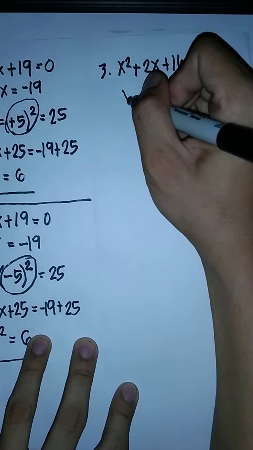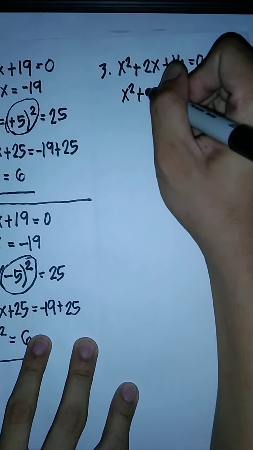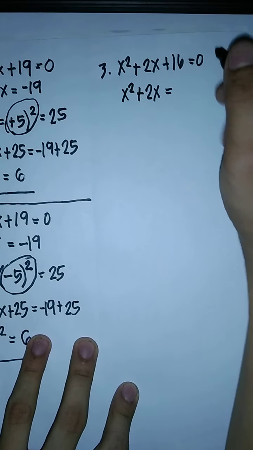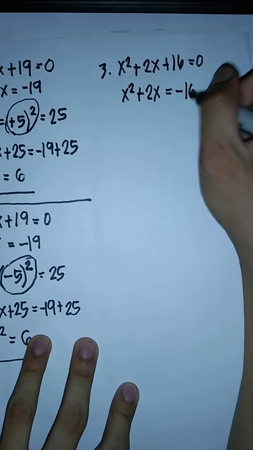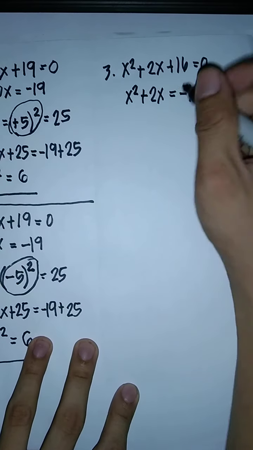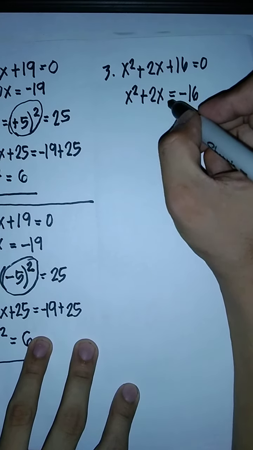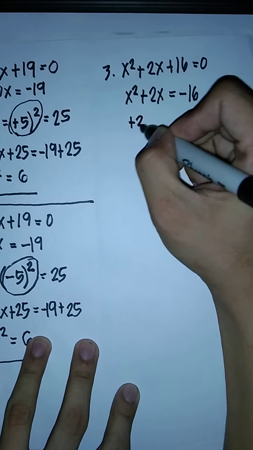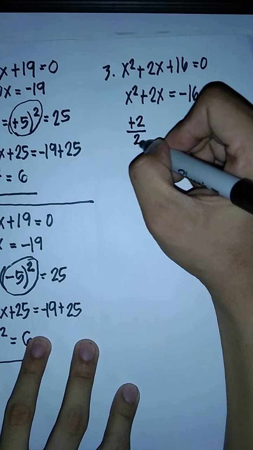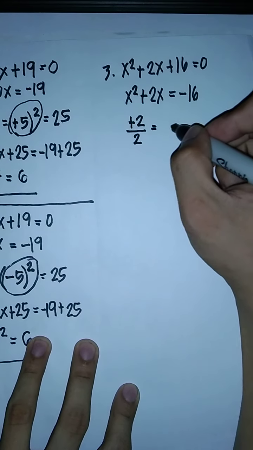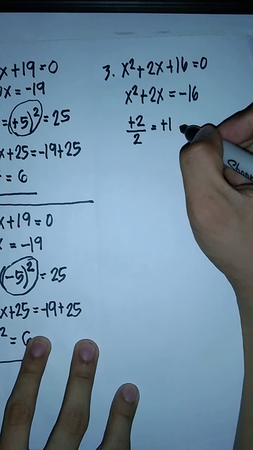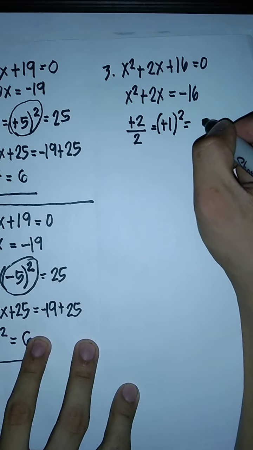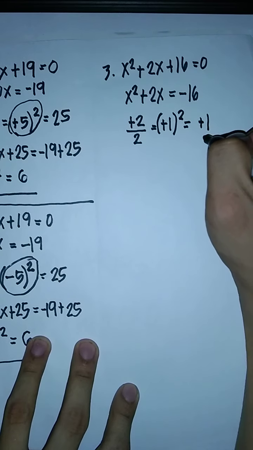We will have x squared plus 2x is equal to negative 16. And then let's take the second term with its sign. We have positive 2. I-divide natin ng 2 and that is equal to positive 1. And positive 1, ating siyang i-squared, we have positive 1 also.